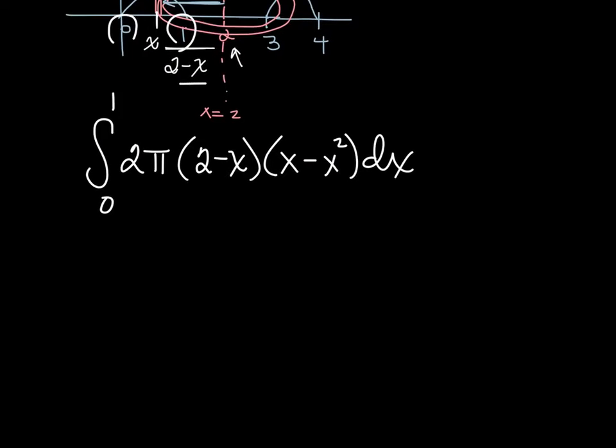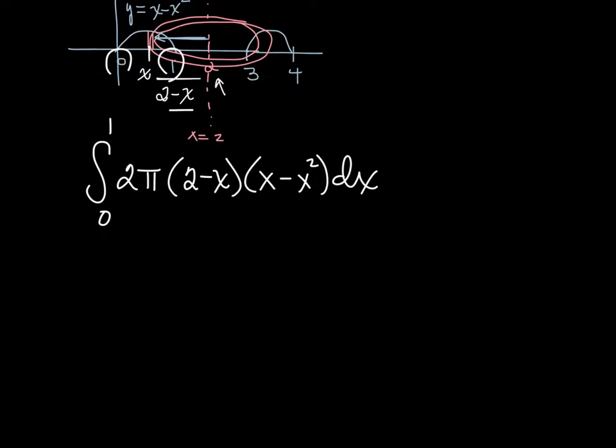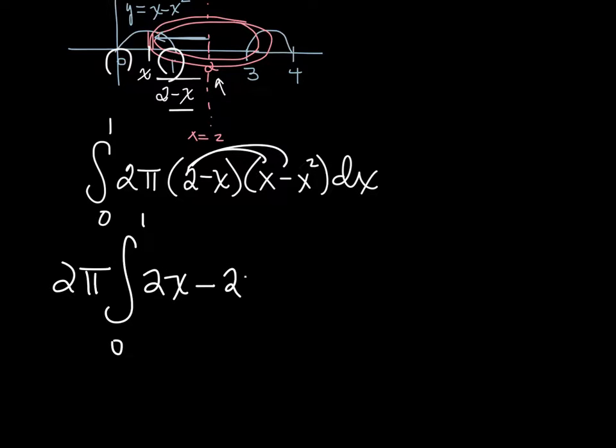And now all I got to do is my antiderivatives. So I'm going to go ahead and combine some stuff here first. 2 pi, still have my limits of integration. 2 times x, 2x. 2 times minus x squared, minus 2x squared. Negative x times x, minus x squared.